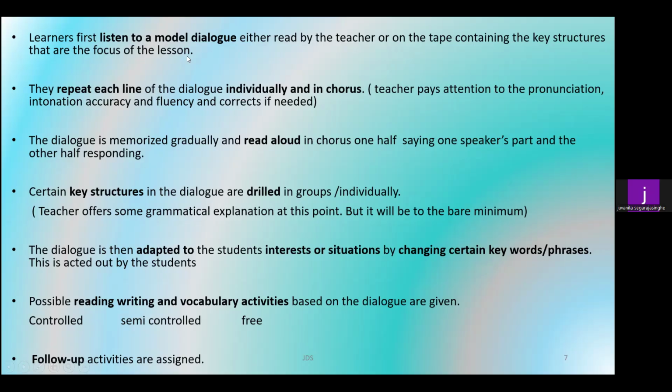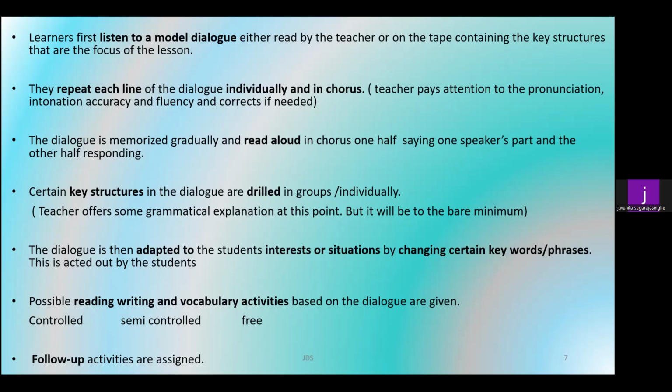When we are doing a grammar lesson based on the structural approach, we are not to go and write the grammatical structure on the board. It has to be presented in a context. You can narrate a story, oral narration, or you can make them listen to an audio-taped story or a song, or wherever you find that particular structure being used.